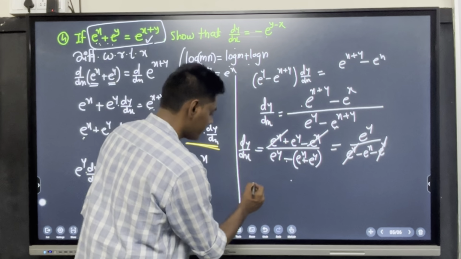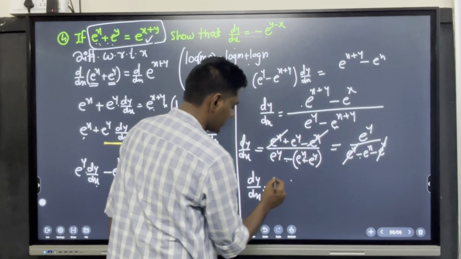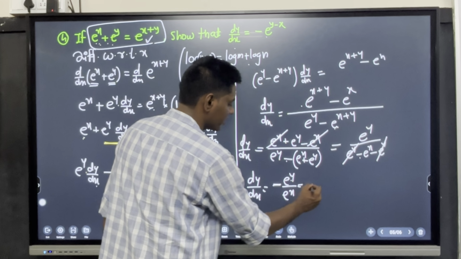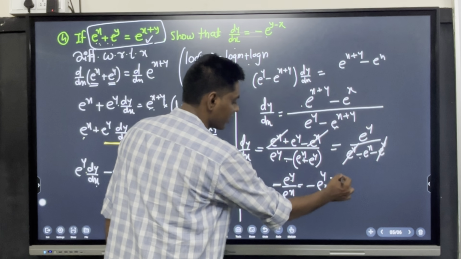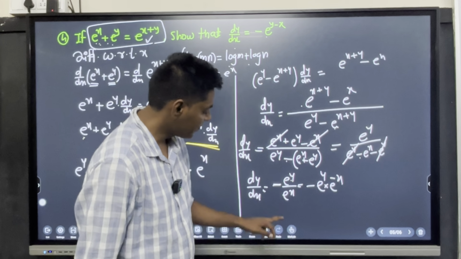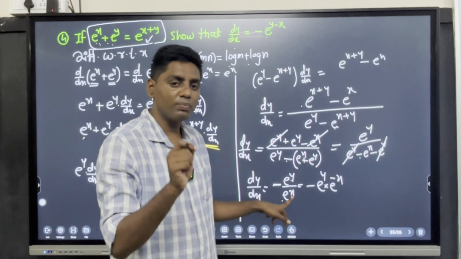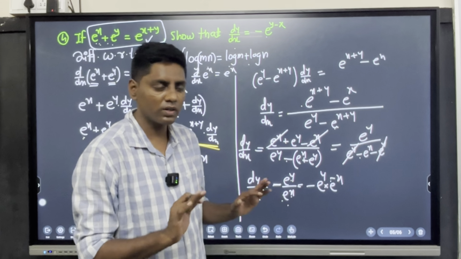What is remaining? dy by dx equal to minus e raised to y in the numerator and e raised to x in the denominator. So minus e raised to y into e raised to minus x, exponential property. When it goes to the numerator, the sign of the power changes, plus becomes negative and negative becomes plus, remember.